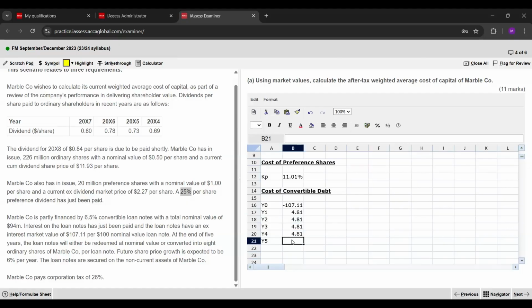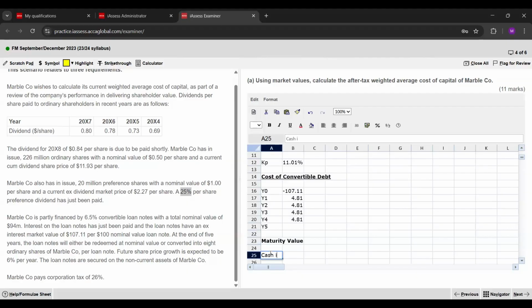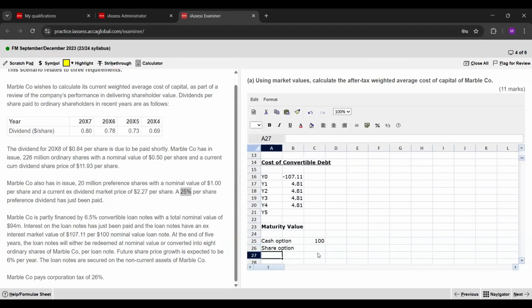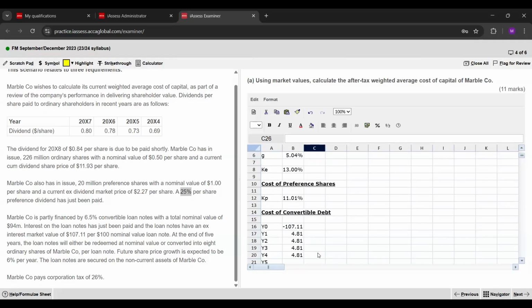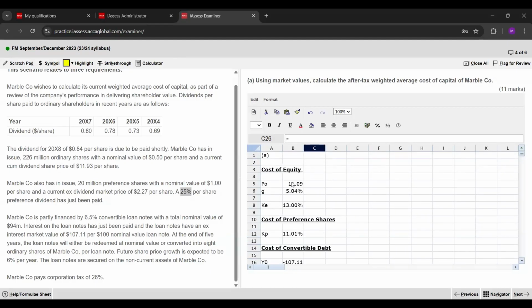In year five, what is happening? Since it's a convertible loan note, you have two options. You can go for cash or you can go for shares. So we put a small working over here, maturity value. If you go for the cash option, you will be getting $100. If you go for the share option, the current share price is given as 11.09.